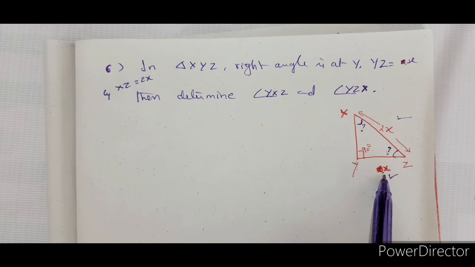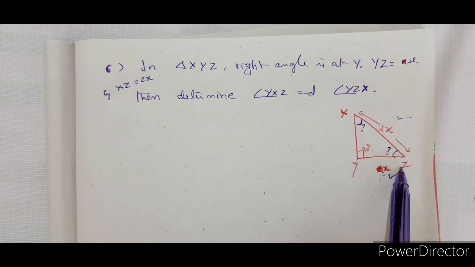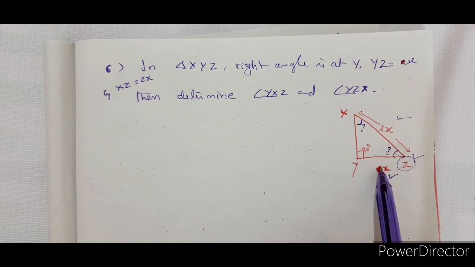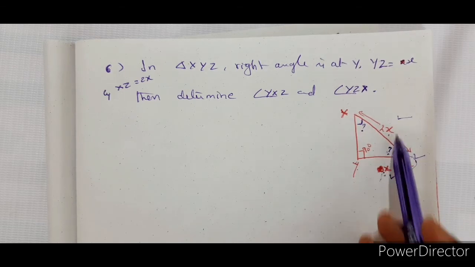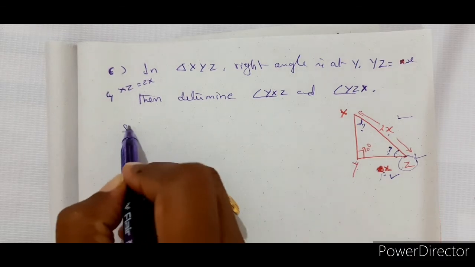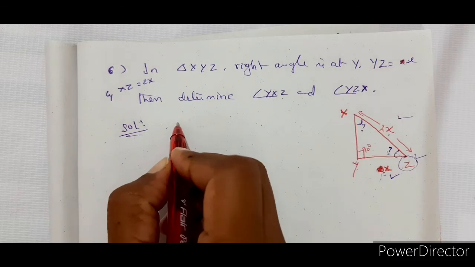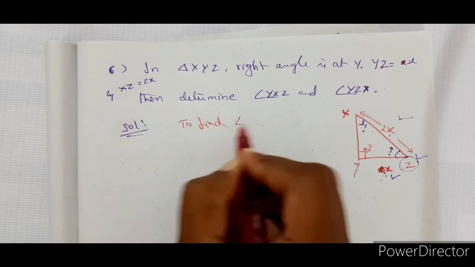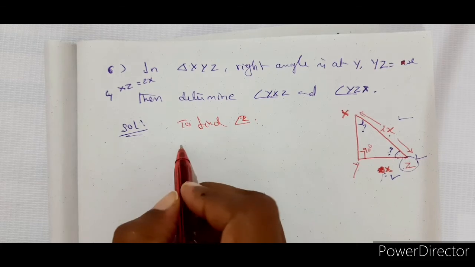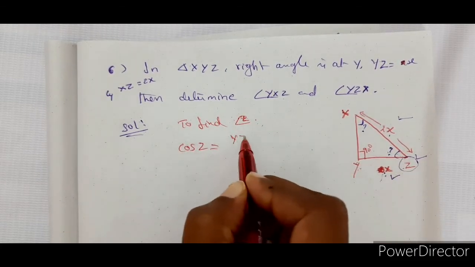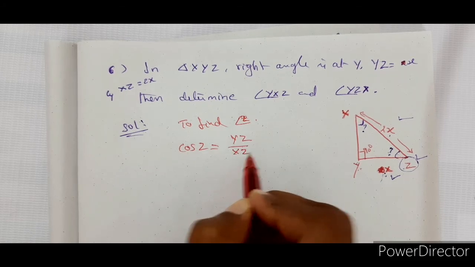Suppose if we don't give the side also, we can find it, because it is angle determination, is it not? If I take angle Z as the consideration, then this is adjacent, this is hypotenuse. So I can use cos. Now in the solution, to find angle Z, I'll write cos Z is equal to YZ divided by XZ.